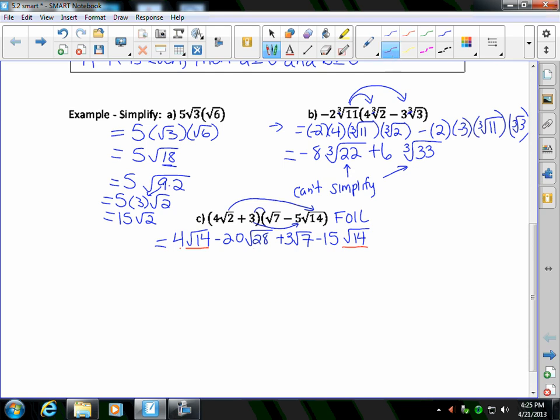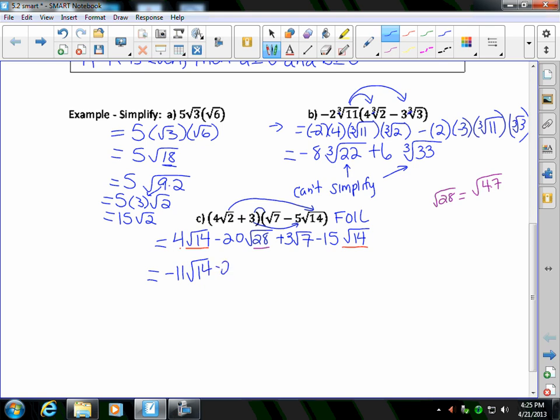And the square root of 28 is the same as 4 times 7. So I do have another one that I can simplify there. So 4 minus 15 is going to be negative 11 square root 14.